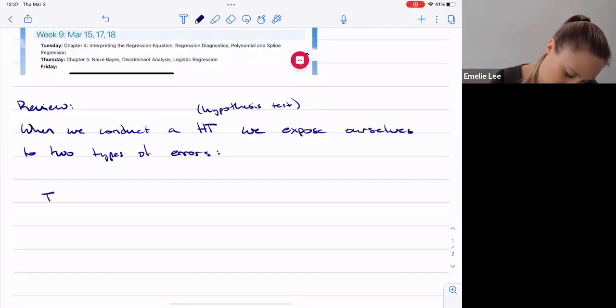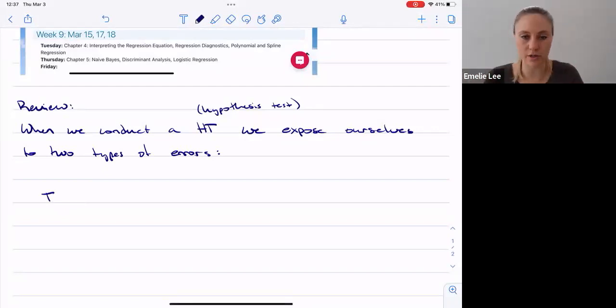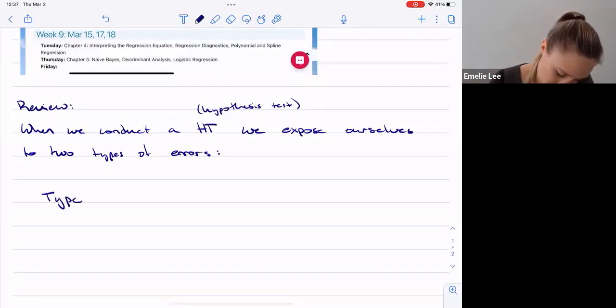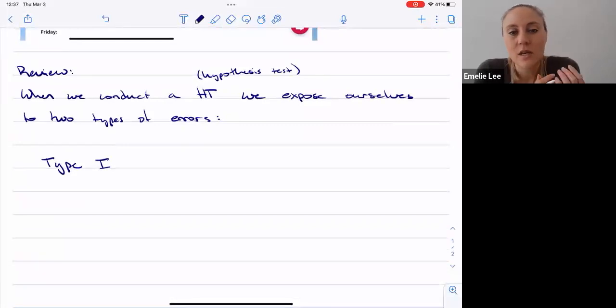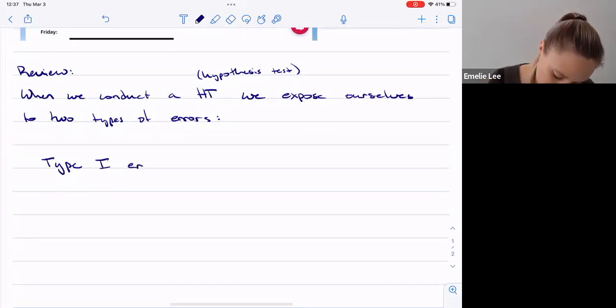Okay, so a type 1 error. Sometimes I find it useful to map these out in quadrants. But a type 1 error is when we reject H0, but we shouldn't have. So a type 1 error is rejecting H0 when we shouldn't have.